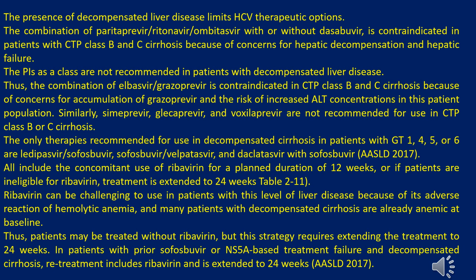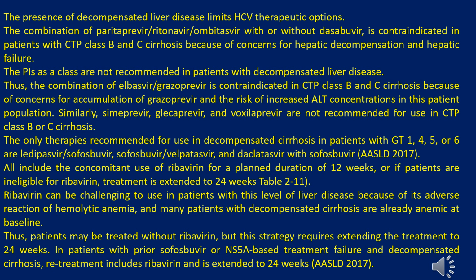The only therapies recommended for use in decompensated cirrhosis in patients with genotype 1, 4, 5, or 6 are ledipasvir plus sofosbuvir, sofosbuvir plus velpatasvir, and daclatasvir with sofosbuvir, according to the AASLD 2017.